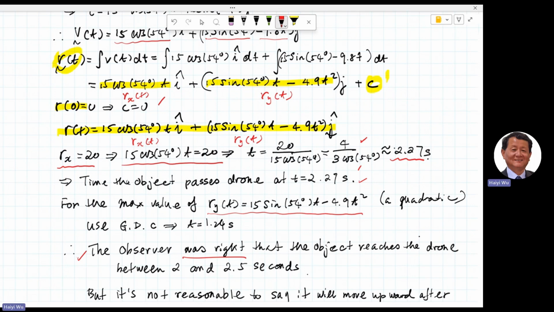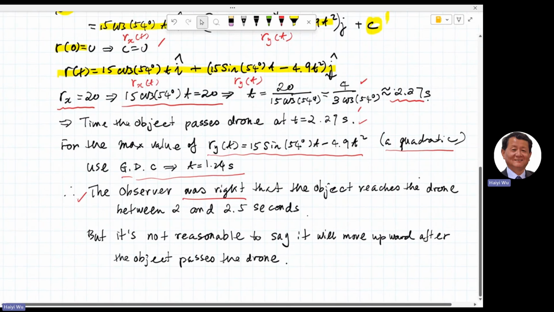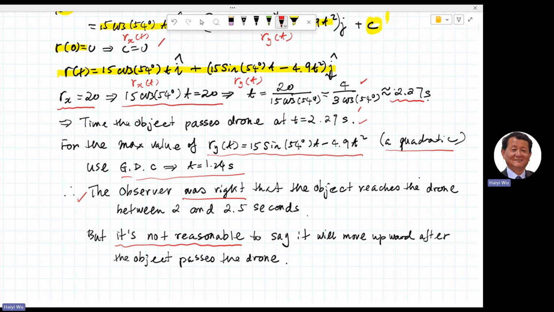This is the y component, a quadratic, so to find its maximum we can use the graphics calculator. The time is about 1.27 seconds. So the object has already reached its maximum height before even passing the drone. Therefore, the second assumption is not reasonable.